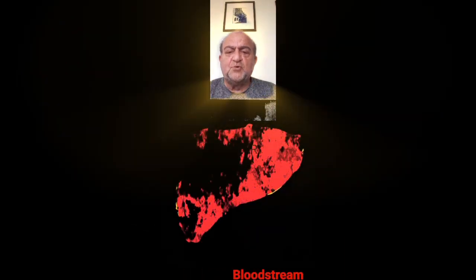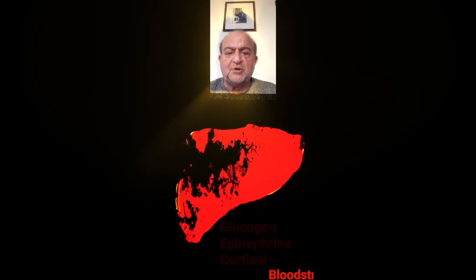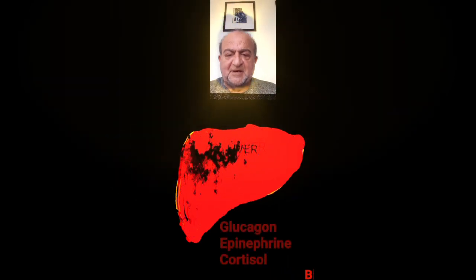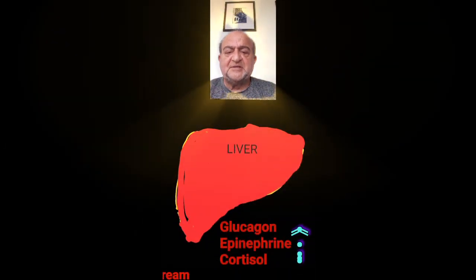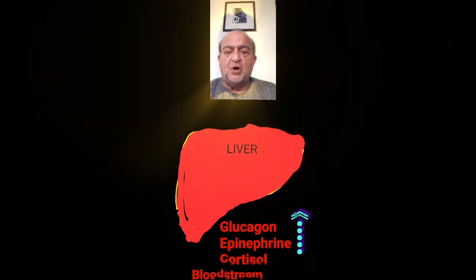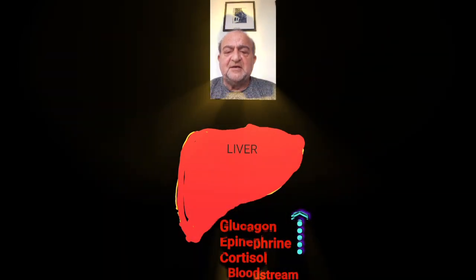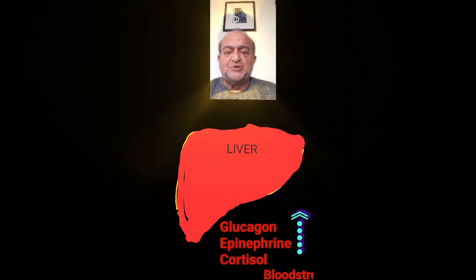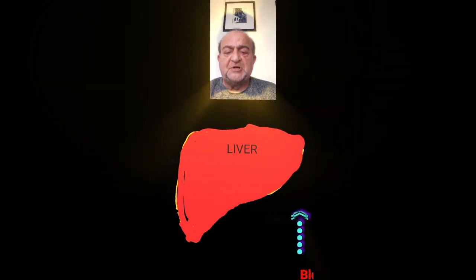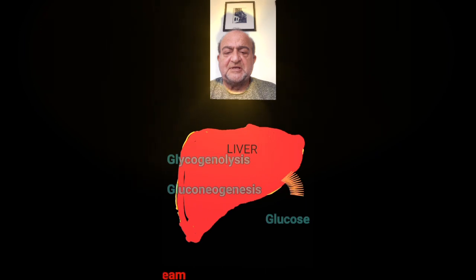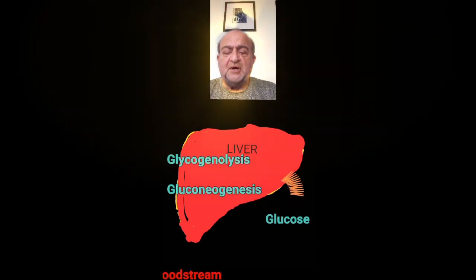The glucose output from the liver is a consequence of the rise in epinephrine, glucagon, and cortisol in the plasma. These three hormones, individually or collectively, will all activate glycogenolysis and gluconeogenesis, the two processes that can restore glucose to the bloodstream.